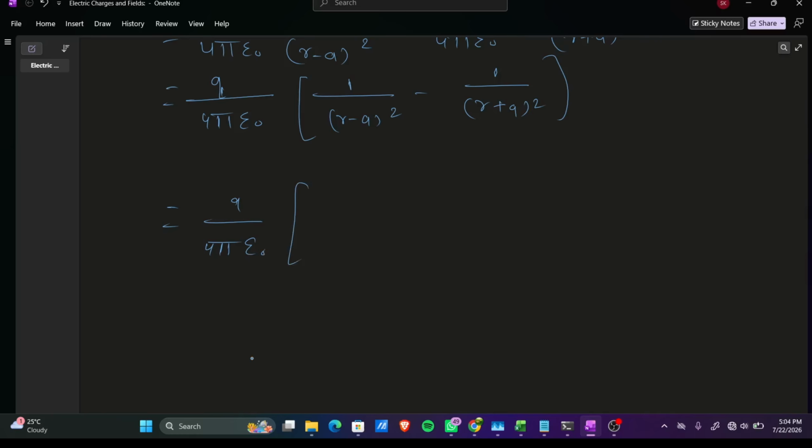So this whole term will come here, (r plus a) whole square, and this whole term will come here, (r minus a) whole square, and the multiplication of these two terms will take place.